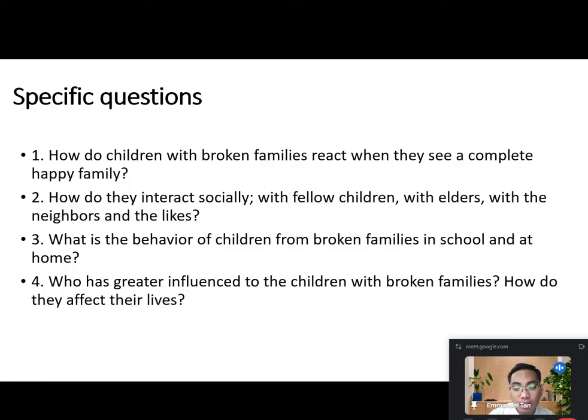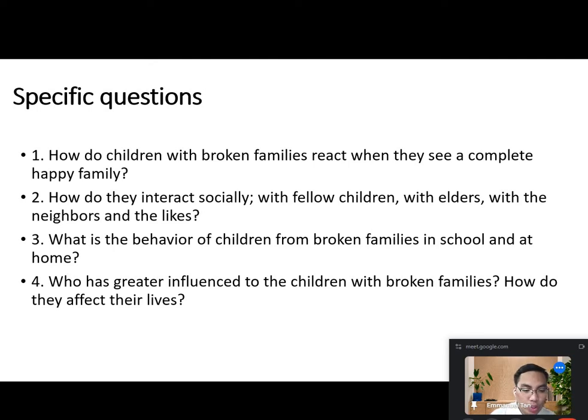Next, who has greater influence to the children with broken families? External factor naman yan. Okay? Nanggagaling naman na yan sa environment. Ano yung influences, no, na influence doon sa bata. Children with broken families. And how do they affect their lives?